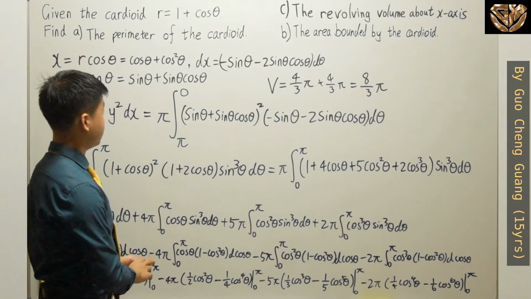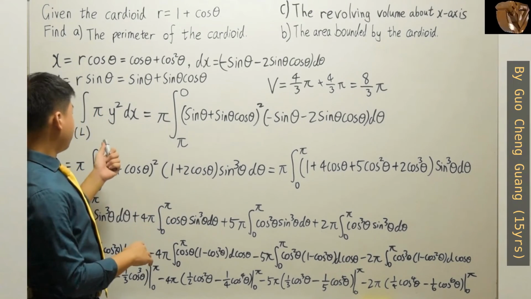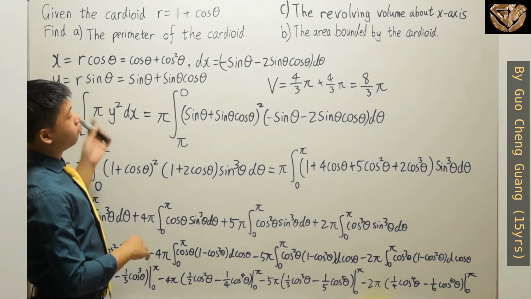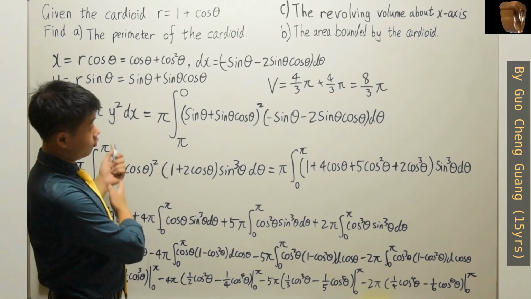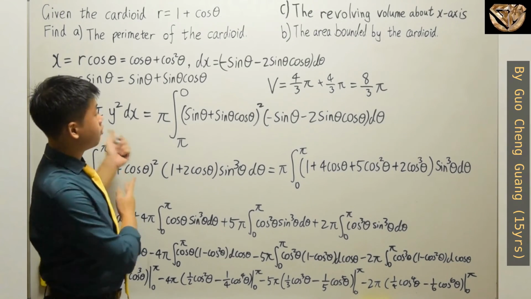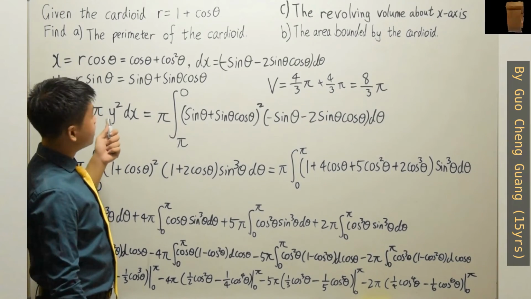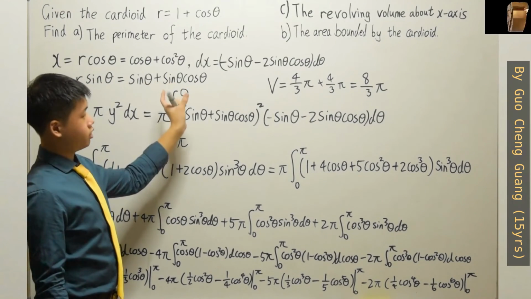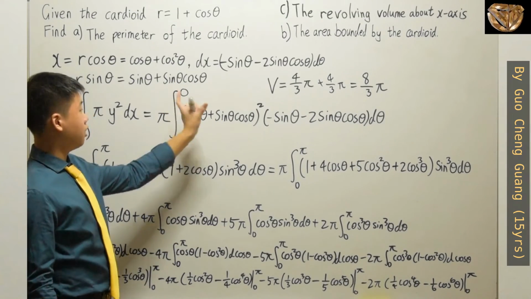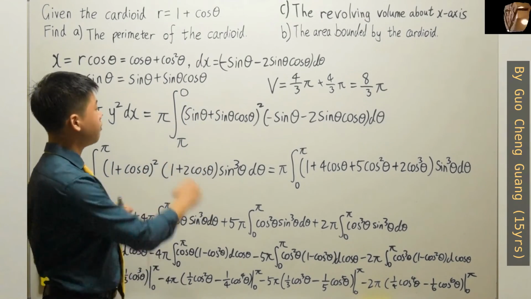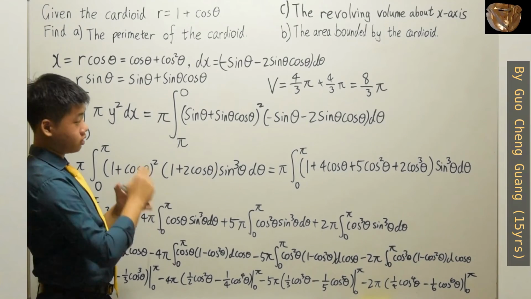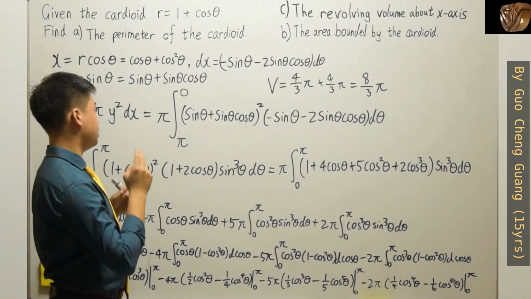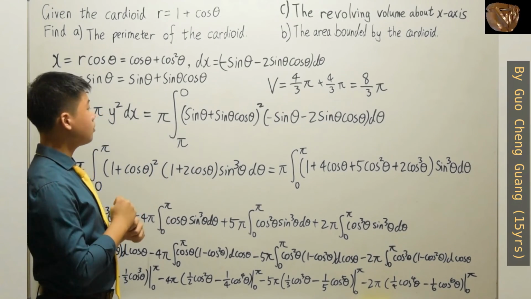Now, with these parametric equations, you could use the normal way to find your revolving volume. To find this revolving volume, you realize you need a dx, which you will take from one part of the parametric equation in order to convert dx, so that everything becomes in terms of theta.